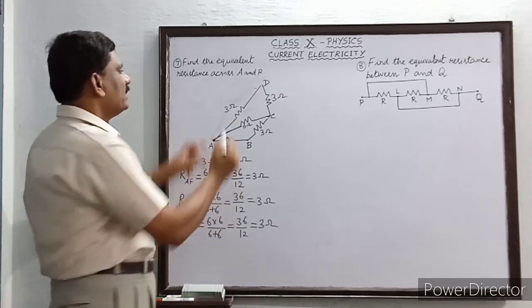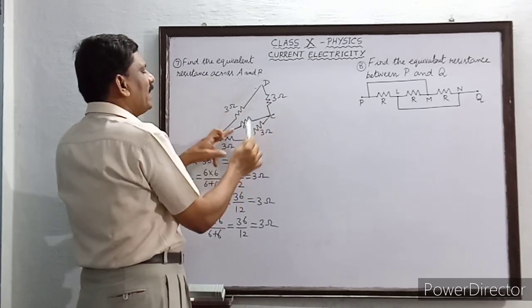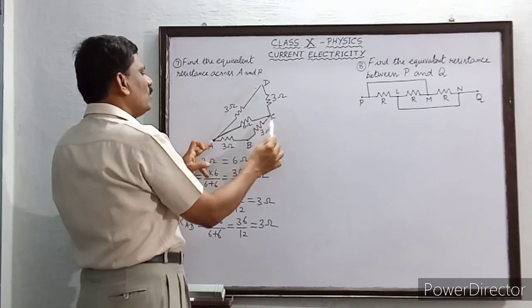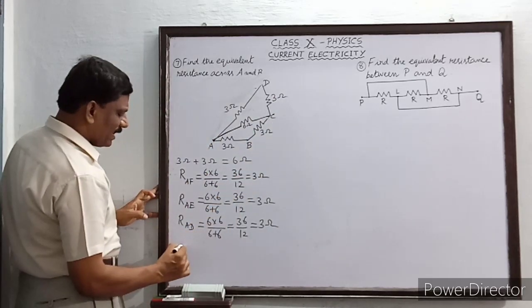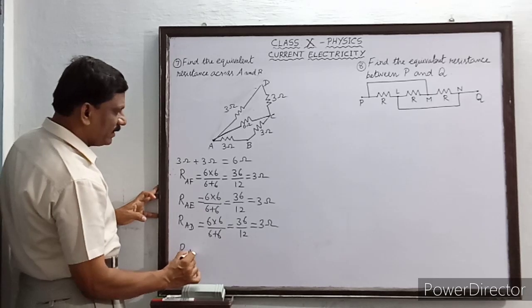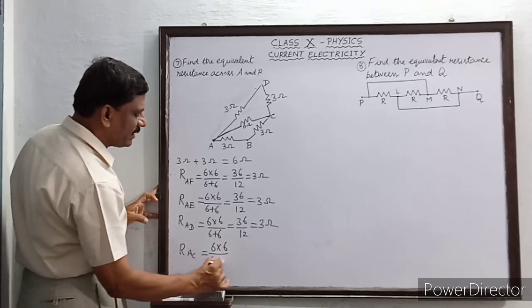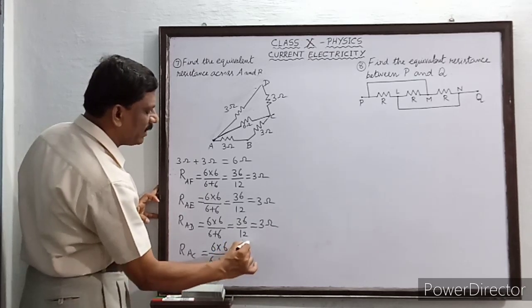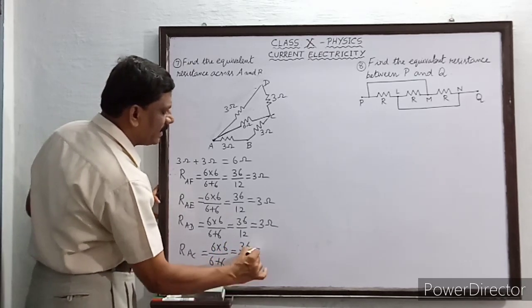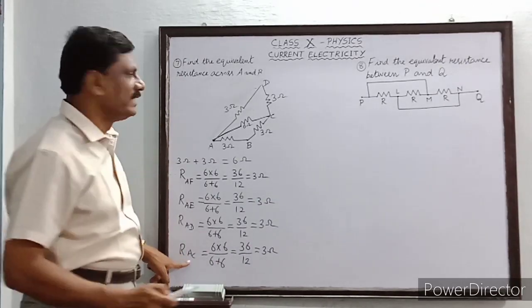Once again, this 3 ohm and 3 ohm will be in series, so 6 ohm, and another 6 ohm is in parallel with this. So what is the resistance across A and C, RAC? This is also equal to 6 into 6 divided by 6 plus 6, which is 36 divided by 12, equal to 3 ohm. Is it a resistance between which two points?